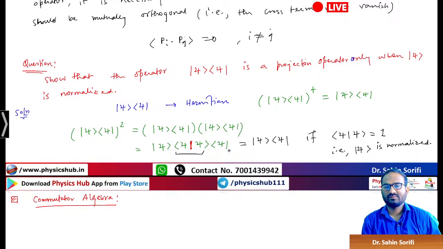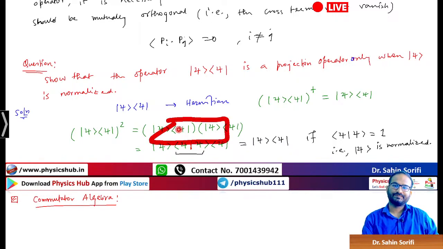This ket psi and this bra psi. That is what we have written. Only if this norm is 1, when psi is normalized, is the square of it equal to that. You can write it in this way. These brackets will vanish; this bracket was just to show that we have written it twice. Now this and this combine into one line, so it can be written in this way.